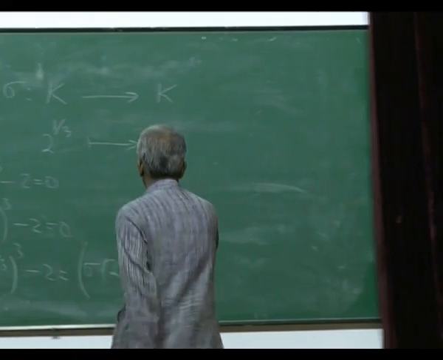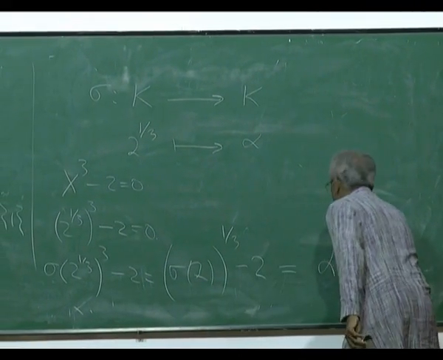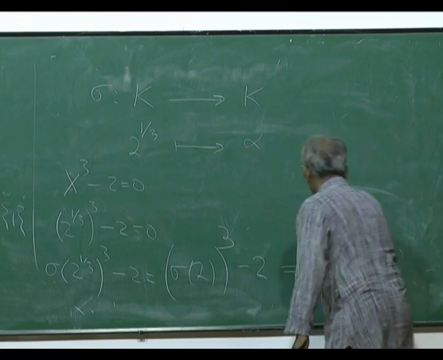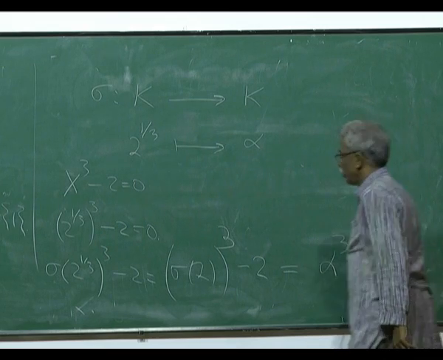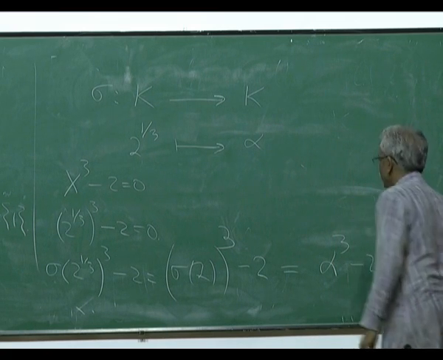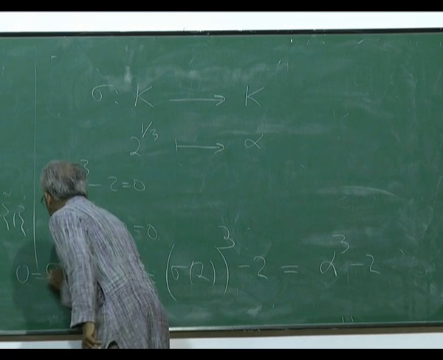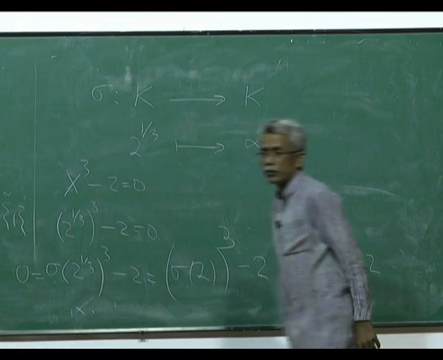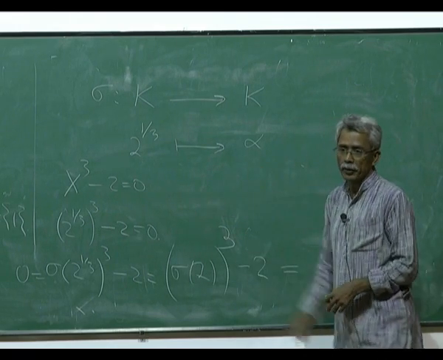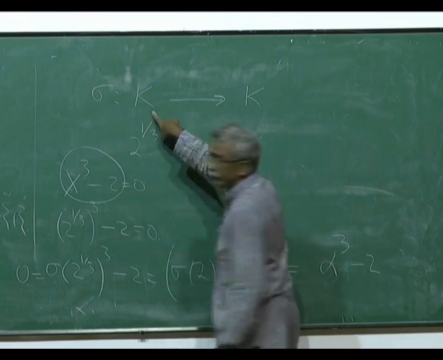Okay. So, this is equal to, but this I called alpha. Sorry, I mixed up, alpha cube minus 2. On this side it has to be 0, because sigma 0 is 0. So, this means alpha also satisfies the same equation, but how many roots of this are in here?